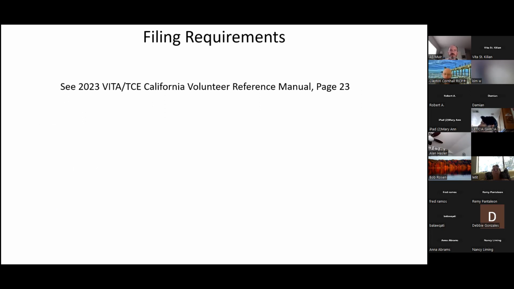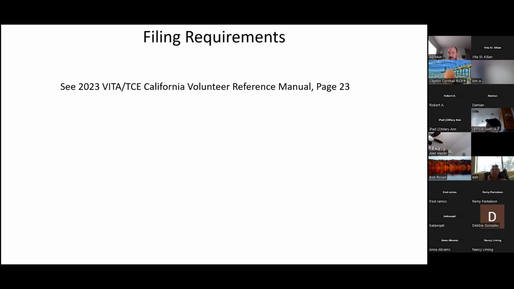Okay, now we're going to show you page 23 of the manual for the state of California. And as we've talked, and this is for the newer folks, VITA, of course, is the Volunteer Income Tax Assistance. TCE is Tax Counseling for the Elderly. It is a program. And then also you have the AARP program. So you've got these 3 programs, and they all do good work.